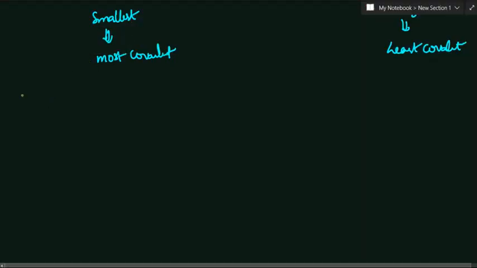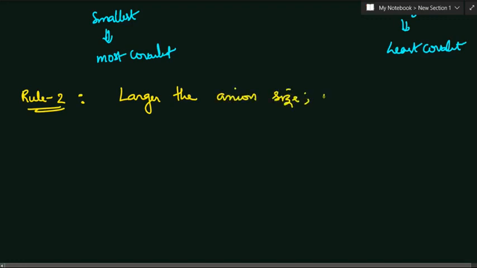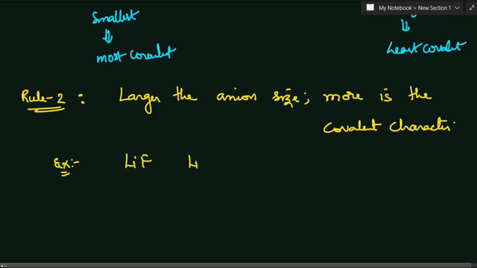Now rule number two. Larger the anion size, more is the covalent character. Like for example, lithium fluoride, lithium chloride, lithium bromide and lithium iodide.